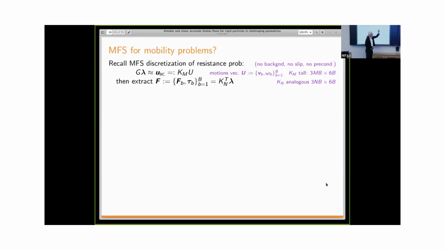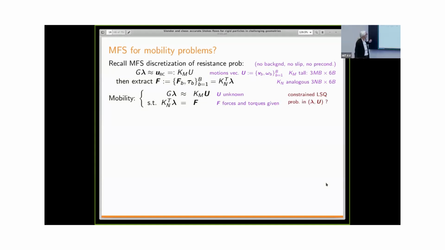So K is a tall matrix, K looks like this, and then that is going to hit U. Well, U is 6B, but what this does then is generate the boundary condition data like that. So you then want to extract the forces. Well, that's just actually hitting with a fat matrix, which is basically a transpose of this K matrix. And so now we're sort of turning this into linear algebra more.